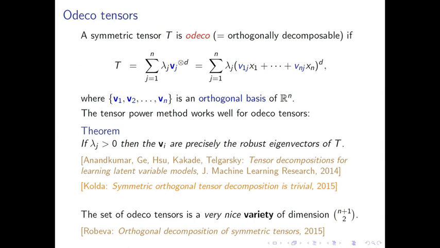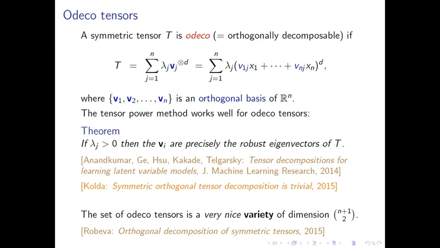So ODeCo is an acronym. It stands for orthogonally decomposable. And a symmetric tensor is ODeCo if it satisfies the conclusion of the spectral theorem. So a tensor is ODeCo if I can decompose the associated polynomial as a sum of n d-th powers of linear forms, where now I add to the definition that the vectors I see in the decomposition form an orthogonal basis of R^n.